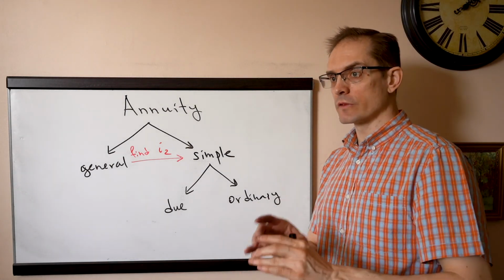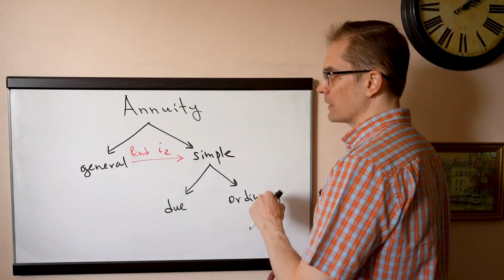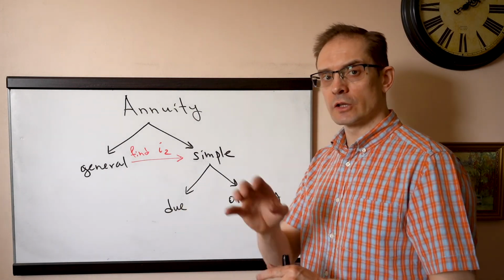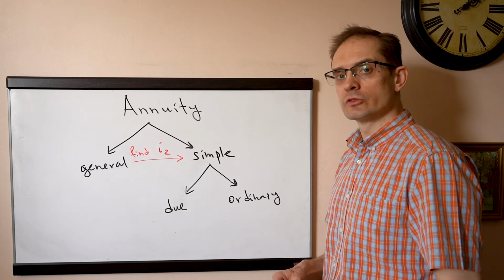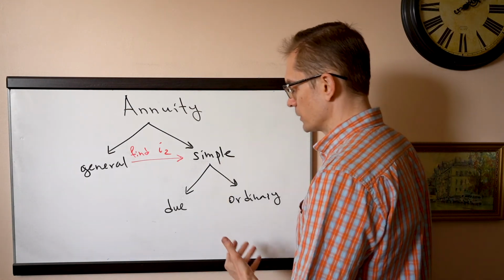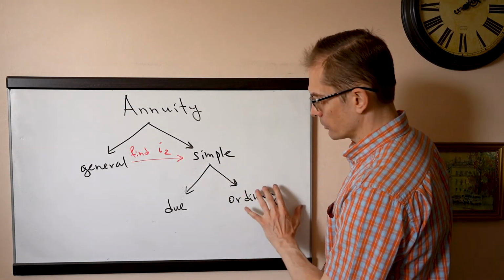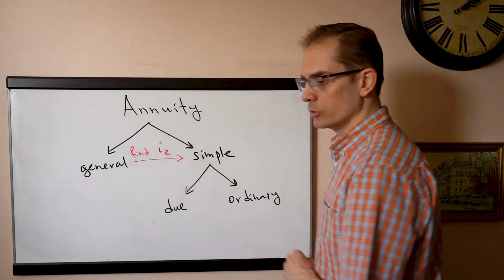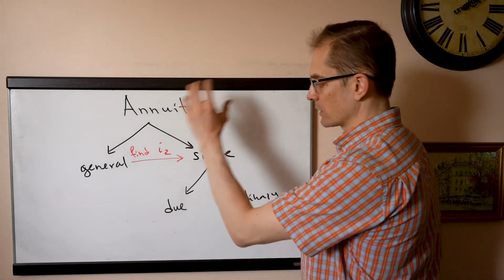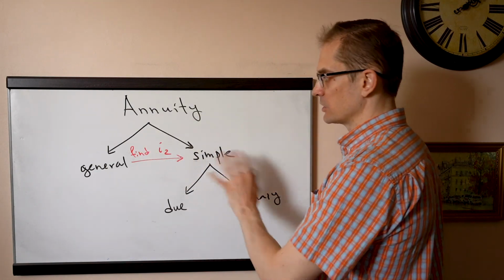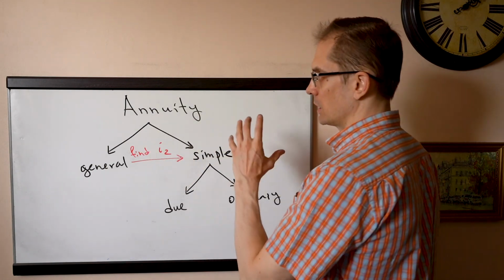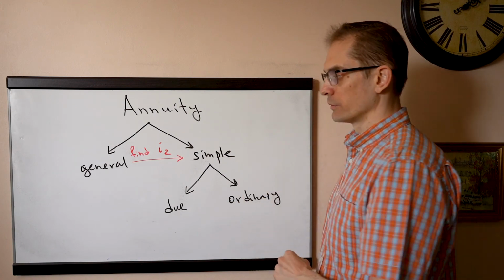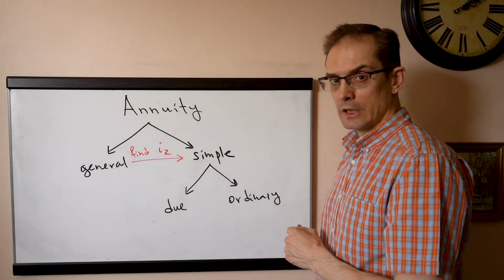Remember, one of the major things to take away is that those formulas for future value or present value of annuity can be used only for simple ordinary annuity, right? So today we only had ordinary. But going forward, we also will need to explore what to do with due annuity so that we can complete this decision-making tree and know how to solve for any kind of annuity.